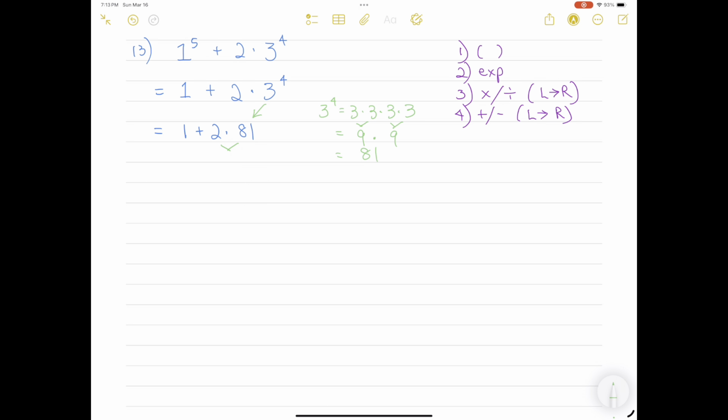Now I simplify the multiplication. 2 times 81, or 81 times 2, I do that calculation on the side. I get 162. I write that down on the line below, 162, bringing down the rest of the problem, plus 1. 1 plus 162 equals 163. I box my answer.